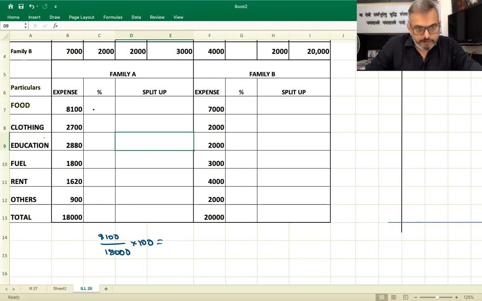So we write over here 45, then 2,700 divide by 18,000 percentage, you get 15%. 2,880 divide by 18,000 percentage, you get 16%. Then 1,800, so 10%. 1,620 divide by 18,000, so 9%. And 900, so 5%. So total should come to 100.